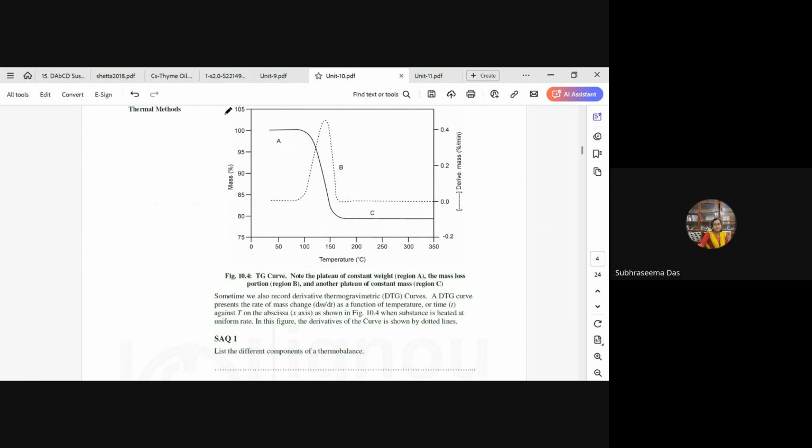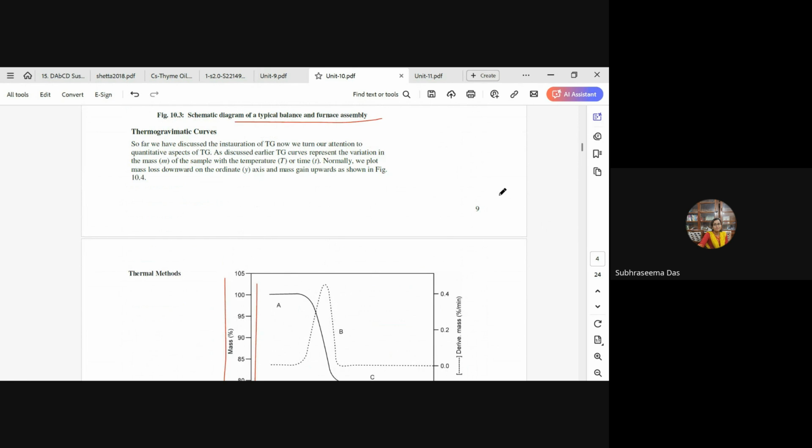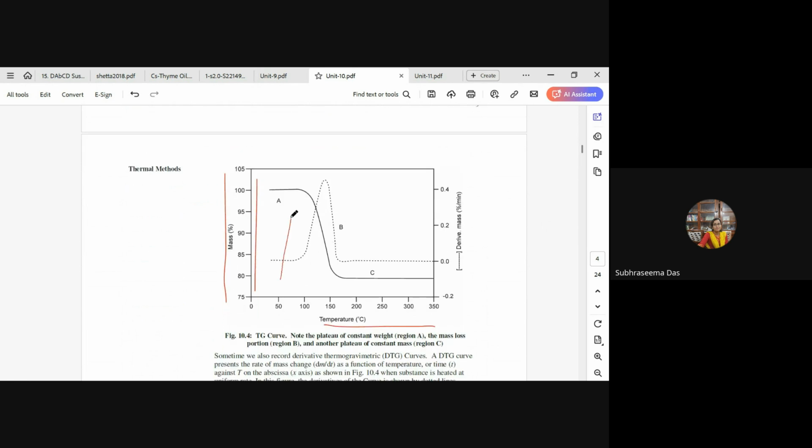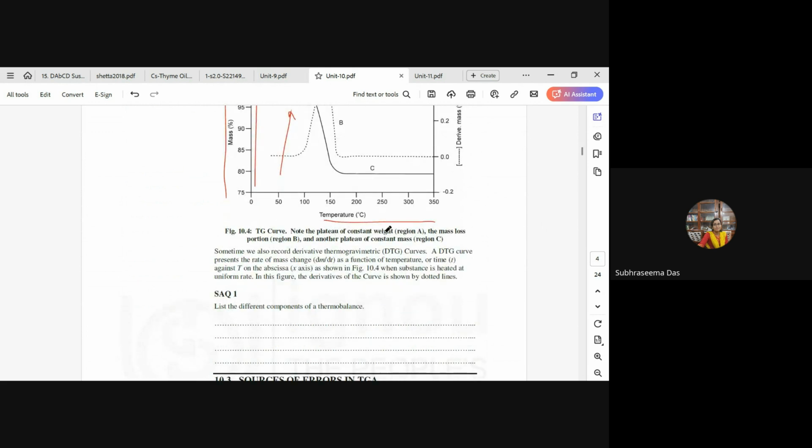The mass percent is shown on the y-axis, and the temperature is taken on the x-axis. When there is mass loss, it is shown in the negative direction, but if there is a gain in mass, it is shown in the upward direction. So this is how we can understand the TGA plot.